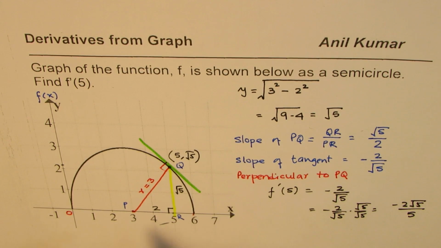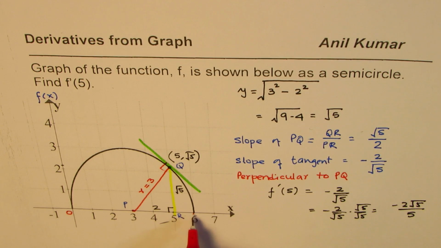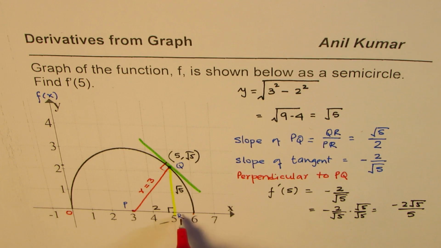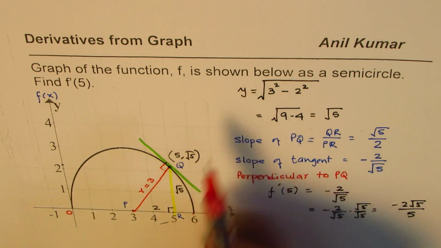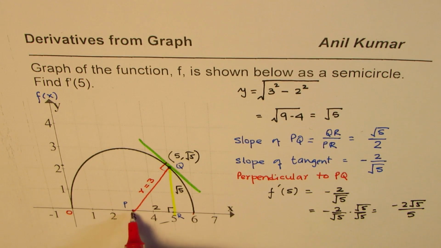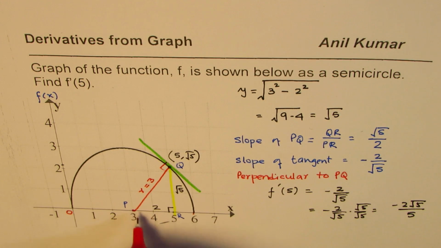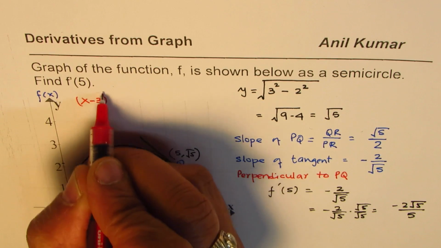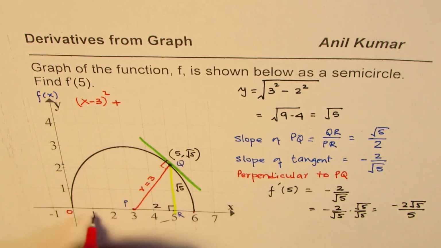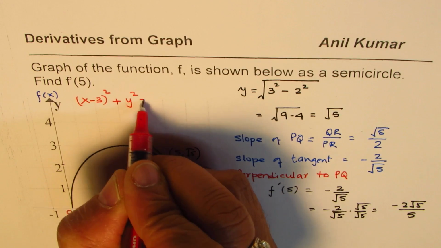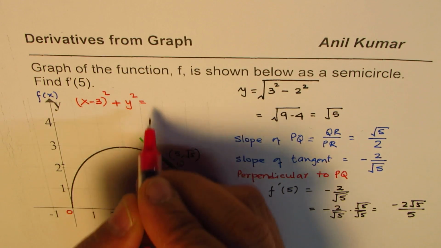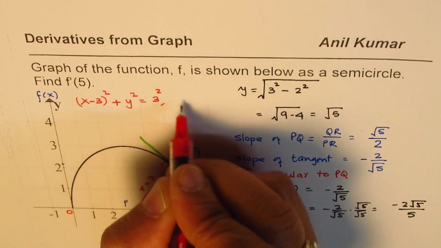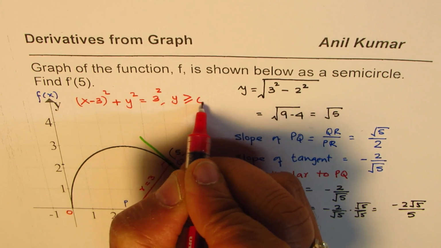An alternate method could be that you write the equation of this semicircle, right? And then you find the slope using the formulas. Since the semicircle has moved 3 units to the right, you could write this as x minus 3 whole squared plus y squared equals the radius, 3 units, 3 squared, where y is greater than or equal to 0, right?